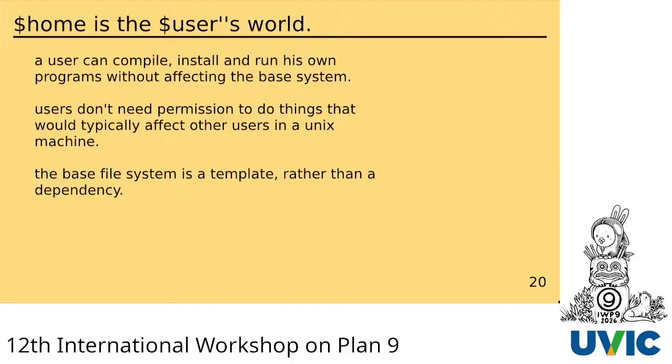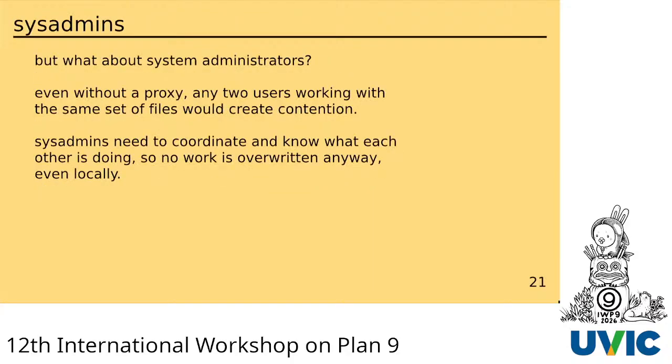Even if these changes are being done directly on a file server without a proxy, if two system administrators are performing changes without knowing about each other's changes, they are still going to reach conflict. This is more of a coordination problem than a file system problem. So regardless of whether we have the proxy or not, it would still happen.